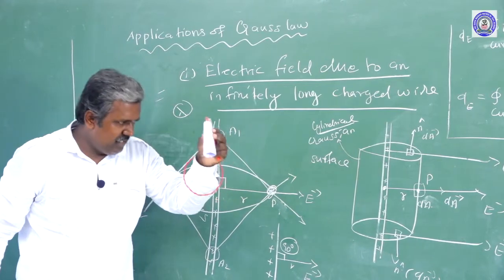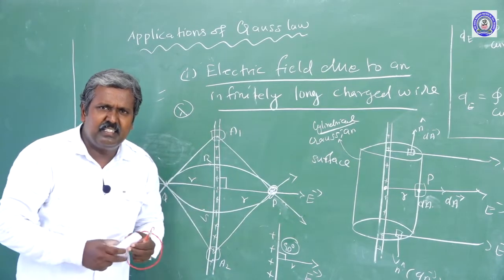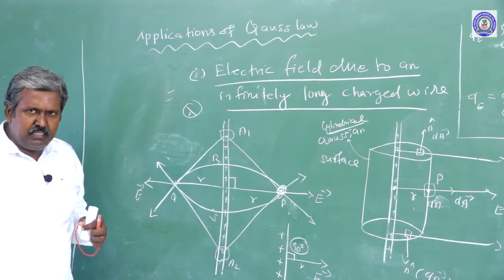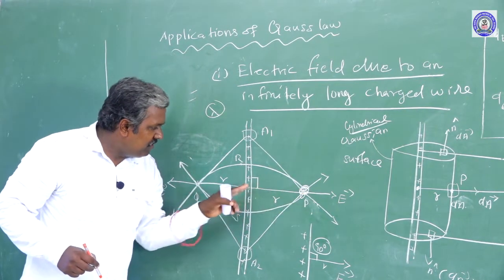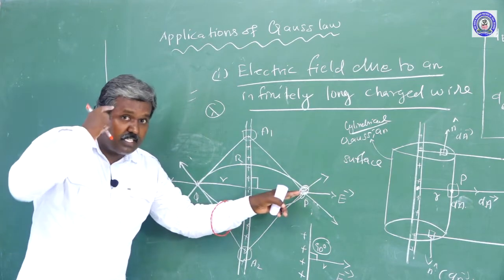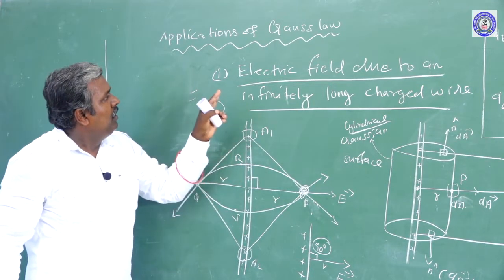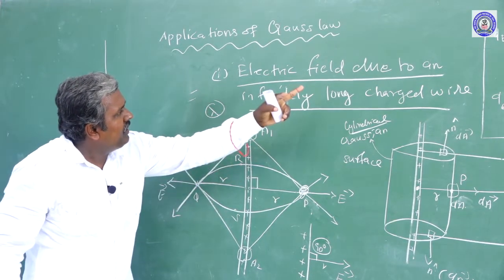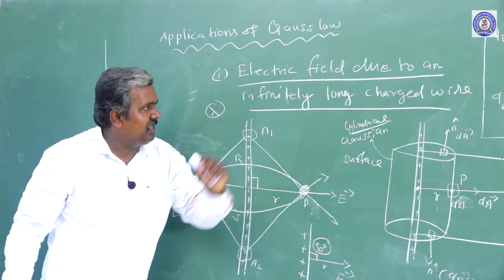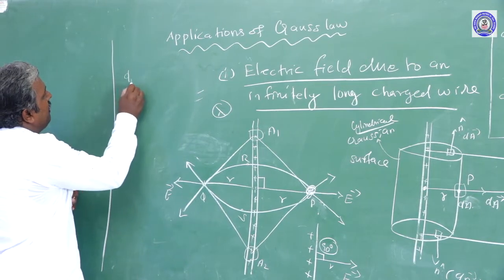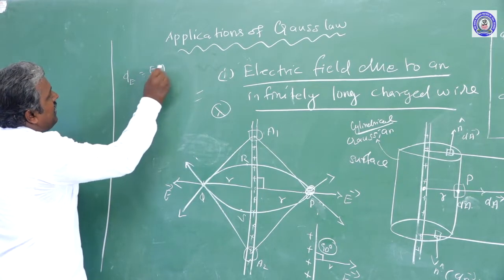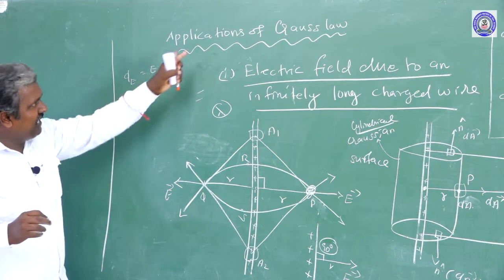Now we can calculate the electric field at a point at a distance r from this charged wire. This is the perpendicular distance. Keep in mind, this is the electric field due to an infinitely long straight charged wire. Flux is equal to EA with the help of Gauss law.